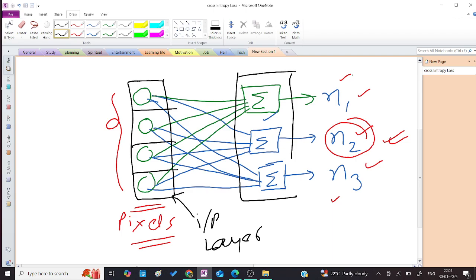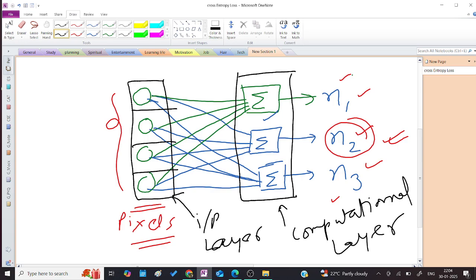We can keep all these computational blocks in one single layer and call it the computational layer, right?